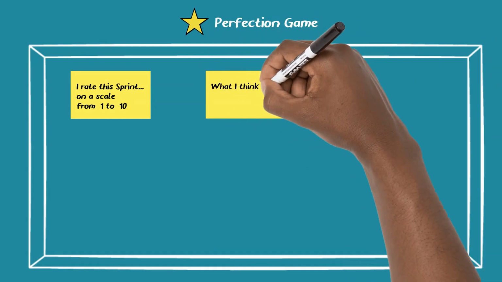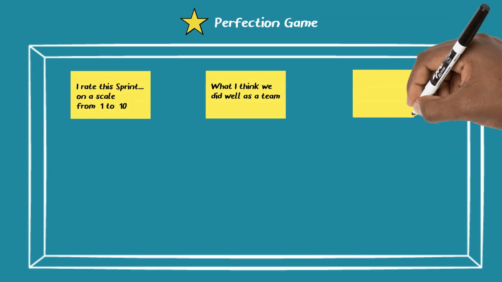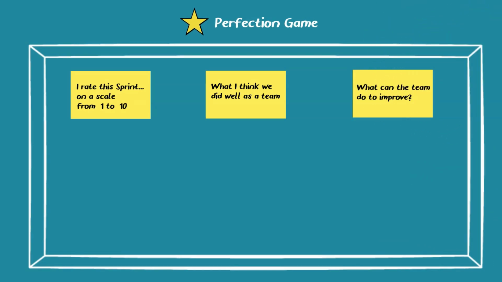In another area, team members individually reflect on what they thought the team did well. This helps teams become aware of their strengths. When a team is aware of its strengths, it can focus on how those strengths can benefit them in making impactful improvements in the future. In the third area, team members identify what they can do to improve.